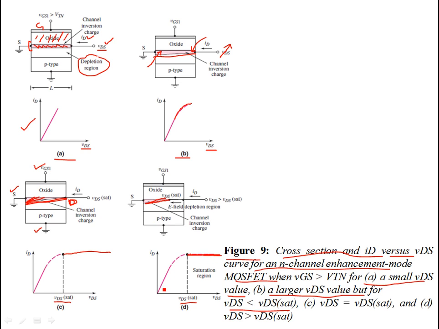It stays the same. First it increases for lower VDS, and this region is linear. So basically, we use MOSFETs in this linear or triode region. You see in C we have reached the saturation region, and in D VDS is greater than VDS sat. So you see the transistor is fully on irrespective of the drain voltage VDS.